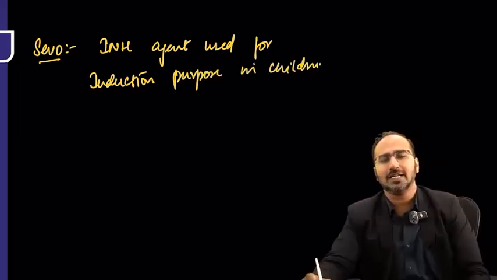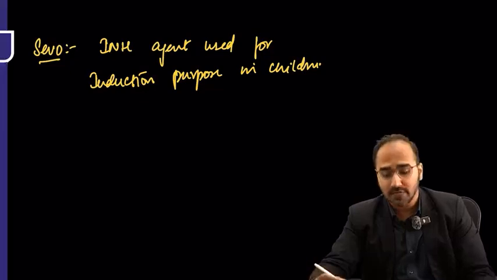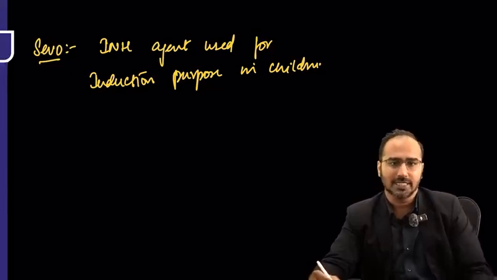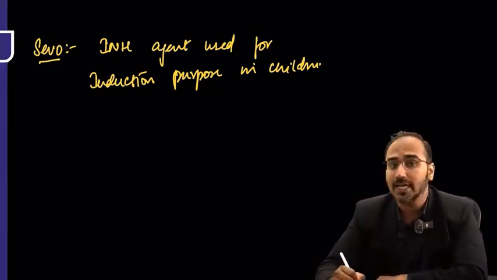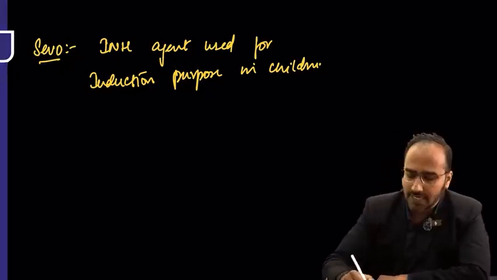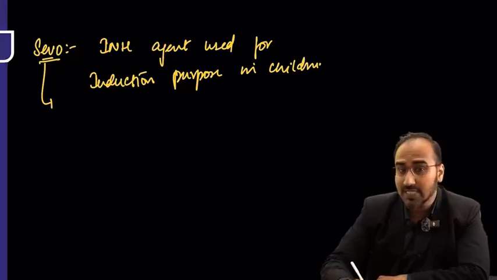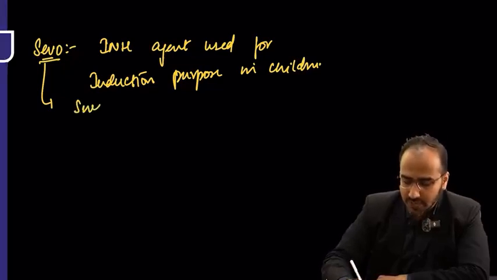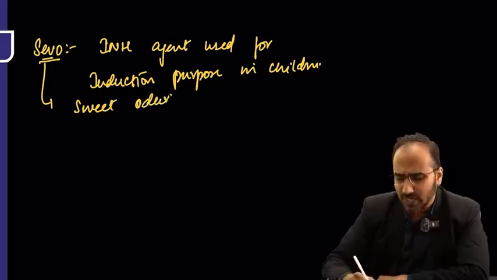Guys, I told you children can be made unconscious by using an inhalational agent, right? And the inhalational agent commonly used in children for induction is sevoflurane. Why sevoflurane? Because it has a sweet odor.